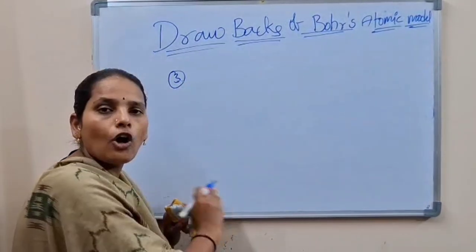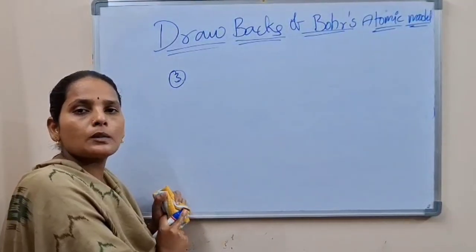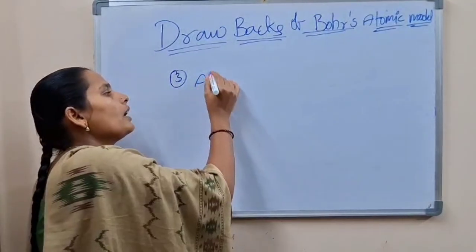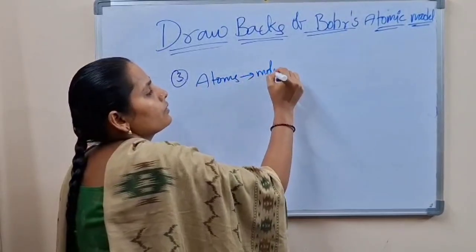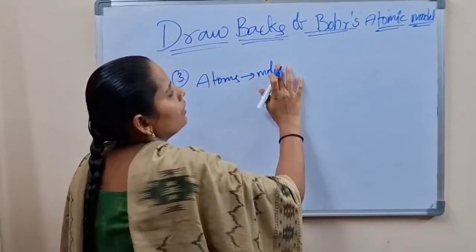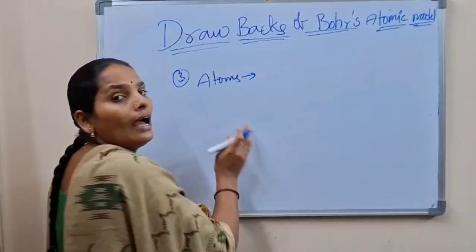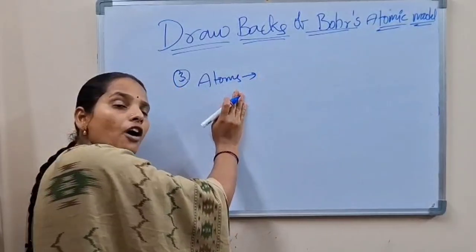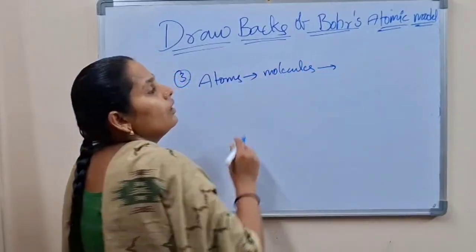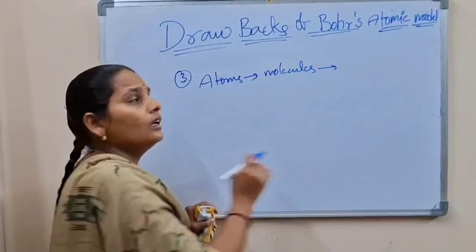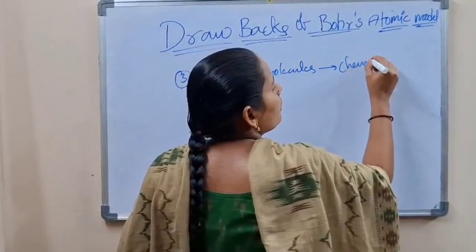Next, the third point. Bohr did not explain how atoms combine to form molecules, by chemical bonding.